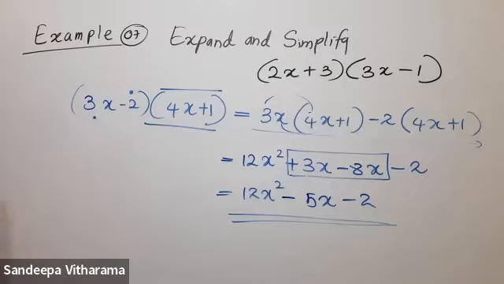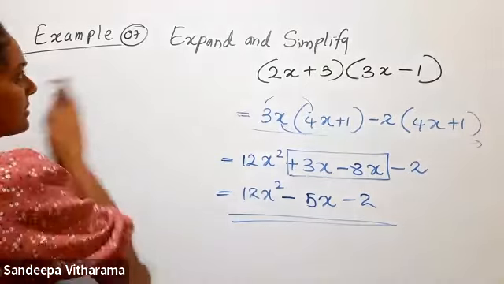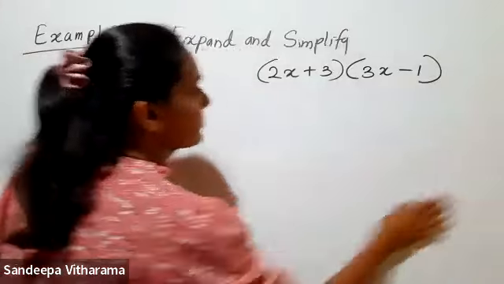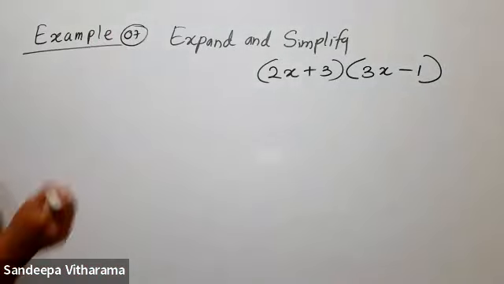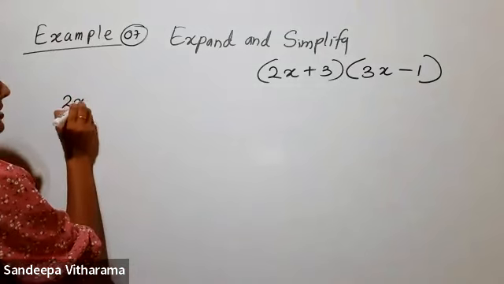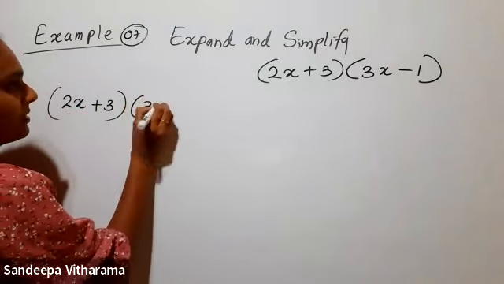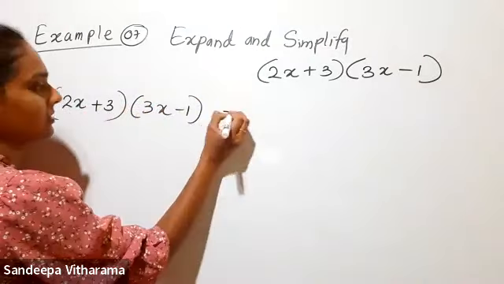Okay, okay. Some of you have sent me the answers. Then let's see whether your answers are correct. It's 2x added 3 into 3x subtract 1.